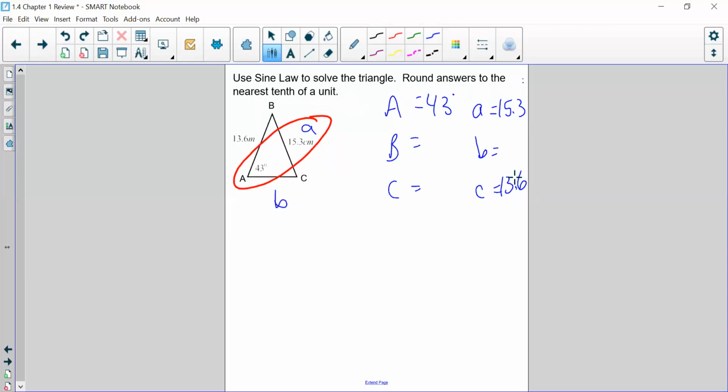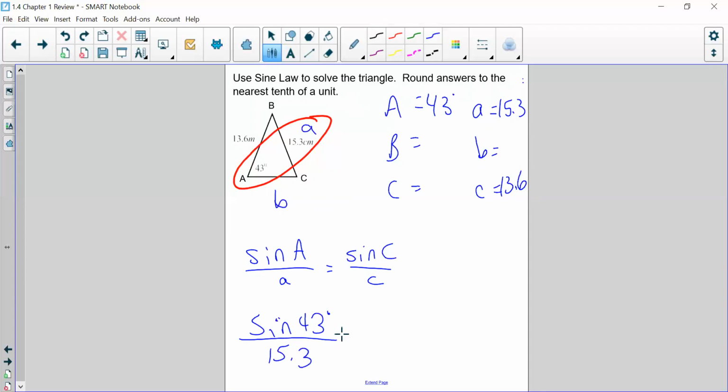And let's go ahead and solve for angle C. So if I'm solving for angles, angles go on the top. So I'm going to use A and C of my formula. Angle A is 43 degrees, 15.3, 13.6.